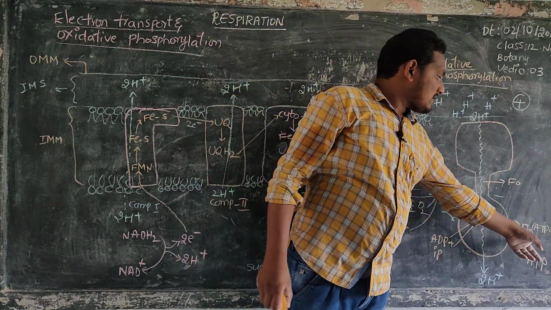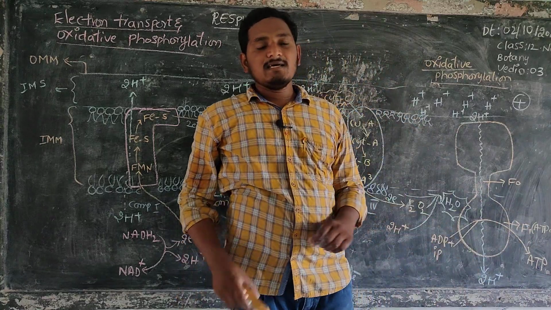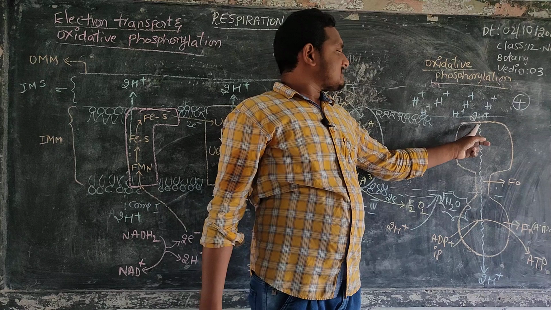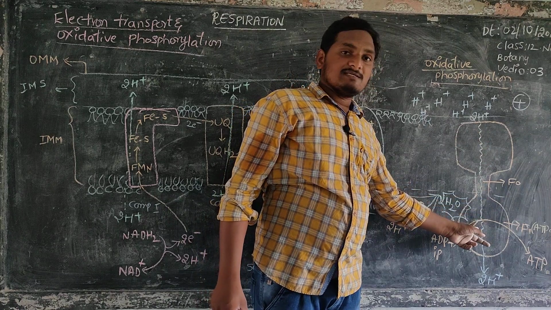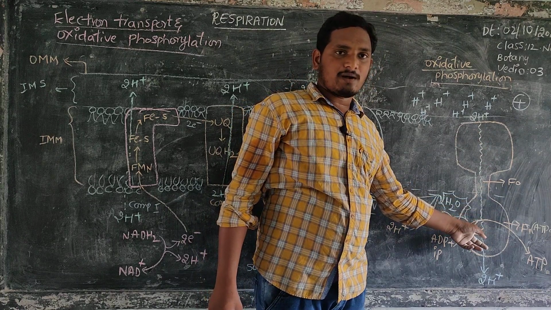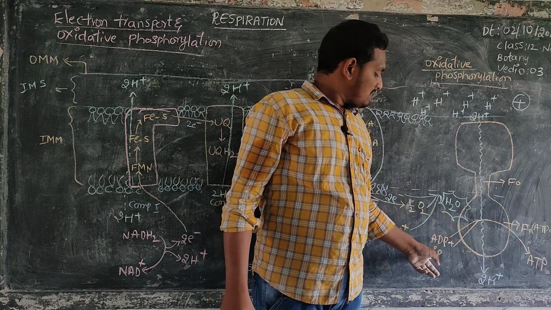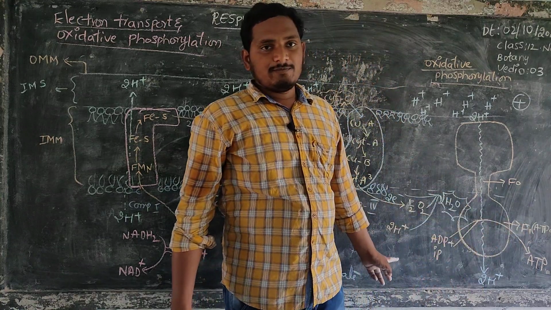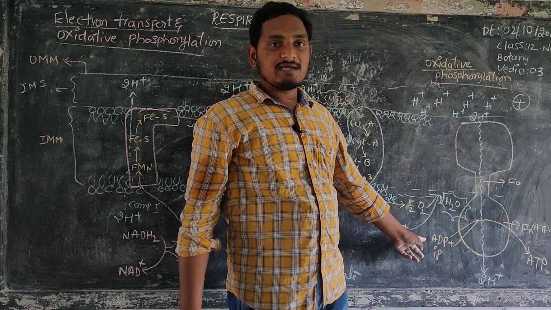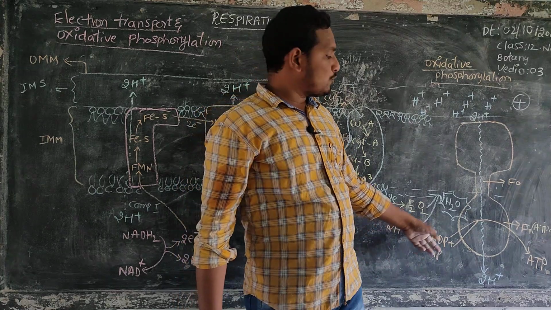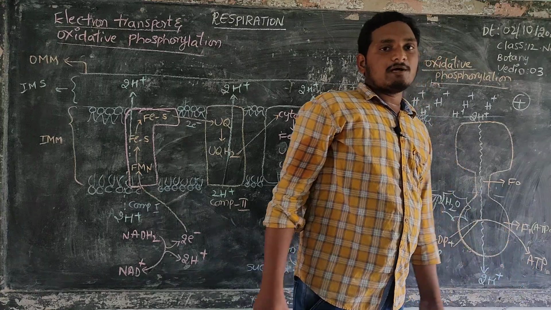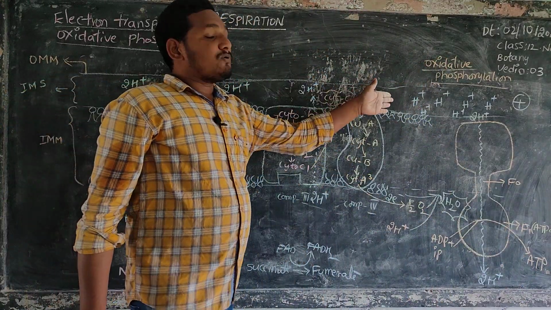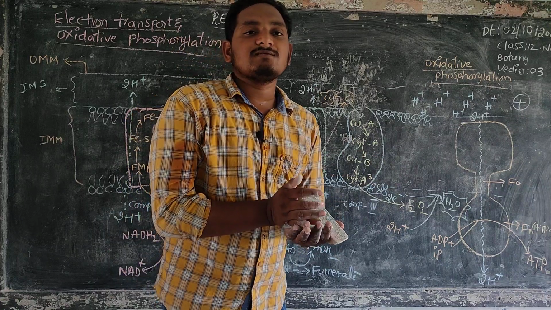The F1 particle is also called ATPase. Protons generally travel through the F0 particle and F1 particle. Here the F1 particle acts as an ATPase to combine ADP and one inorganic phosphate to make ATP. How many pairs of protons?